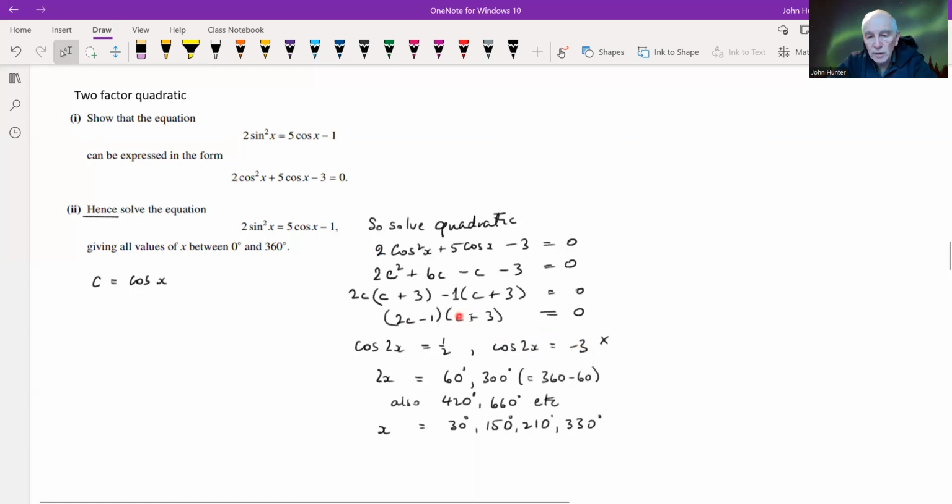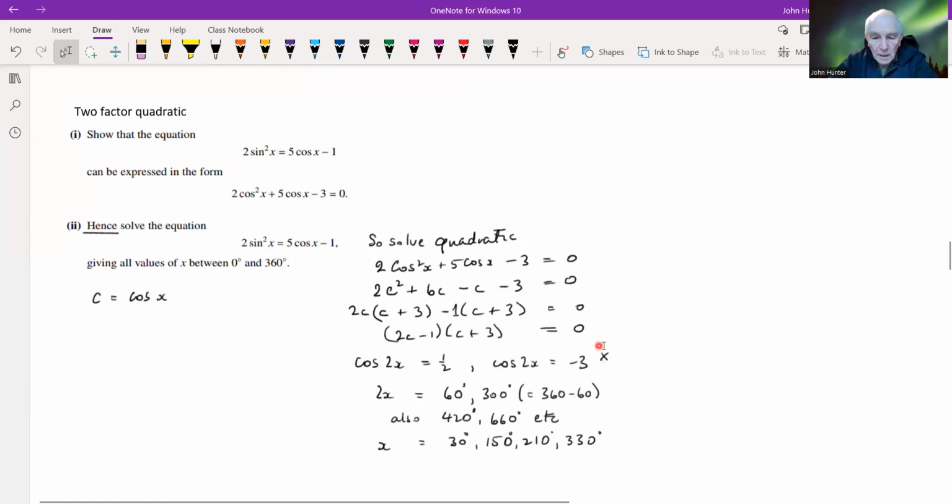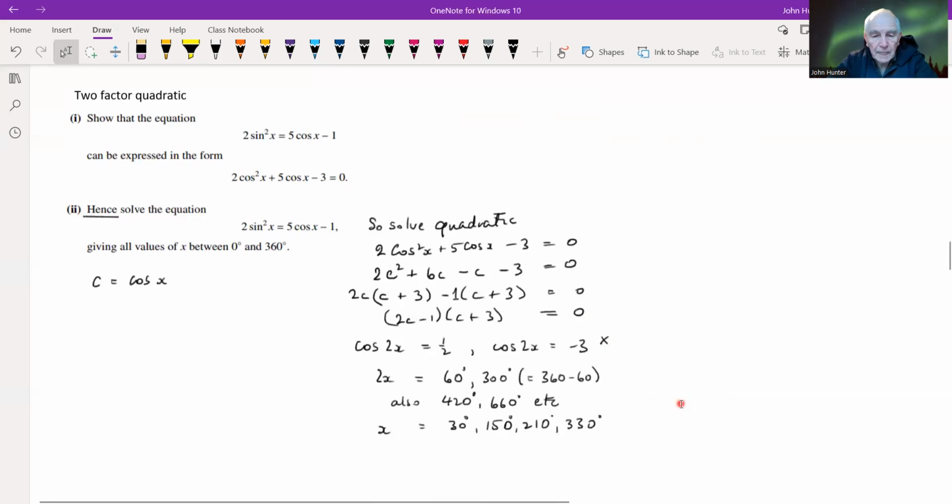This c equals -3 might be a solution to this quadratic, but it's not actually a solution to the problem because it's infeasible. Cosine of anything goes between -1 and 1, so that's infeasible. So we can jettison that one, and we're just left with this one.